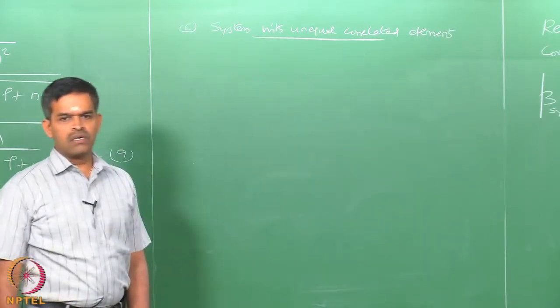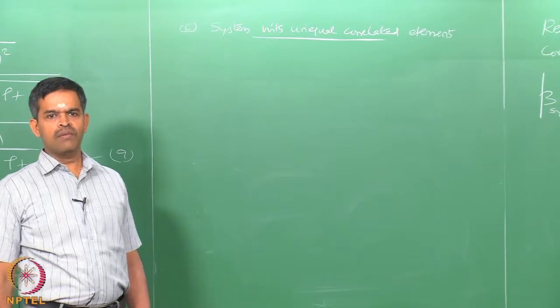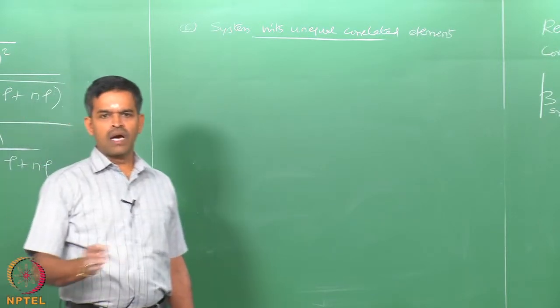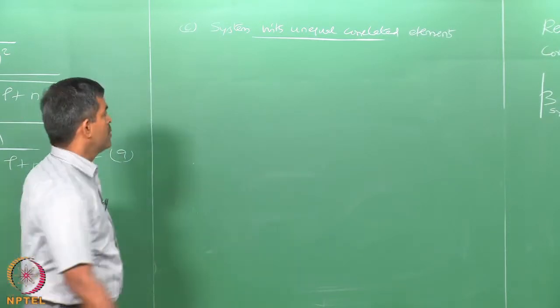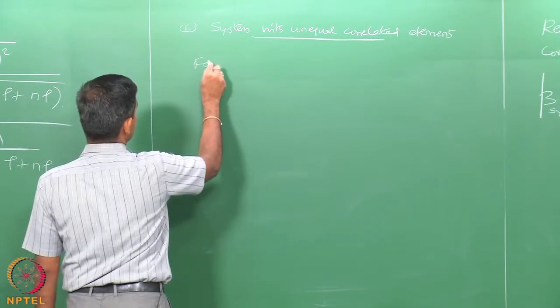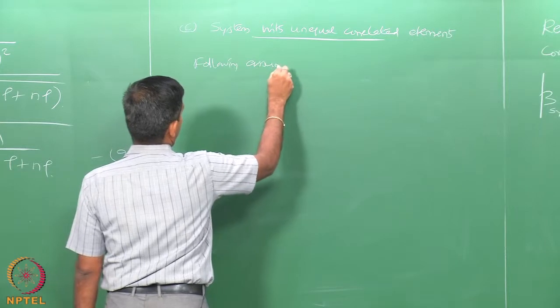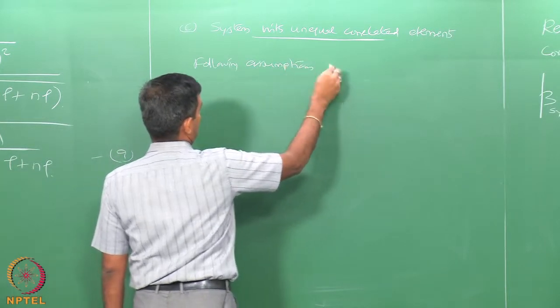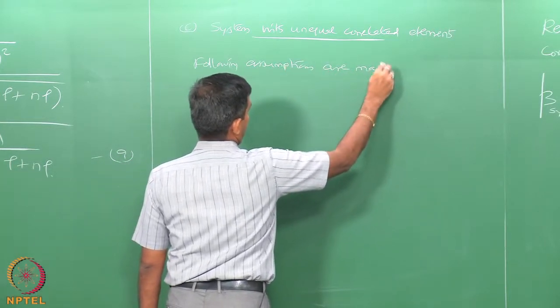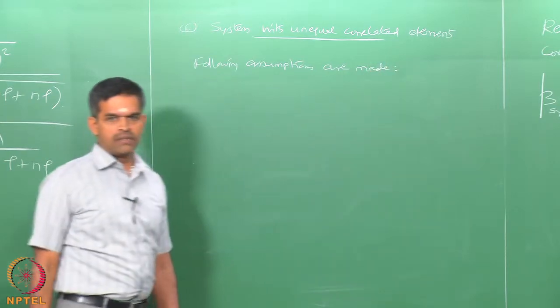In a real structure, the system has n number of elements which are generally unequally correlated. So, the following assumptions need to be made in such analysis.